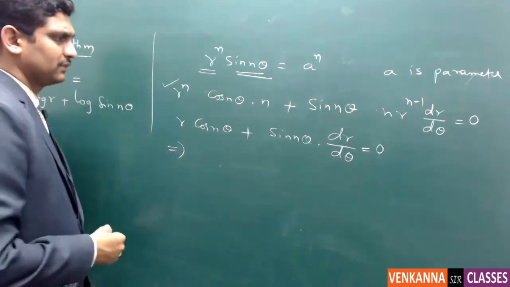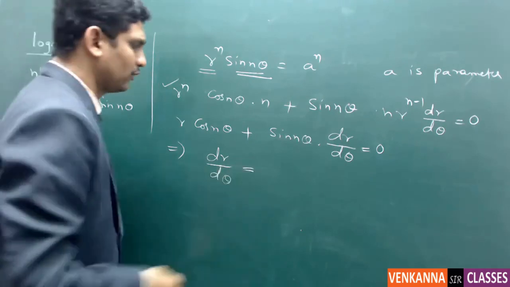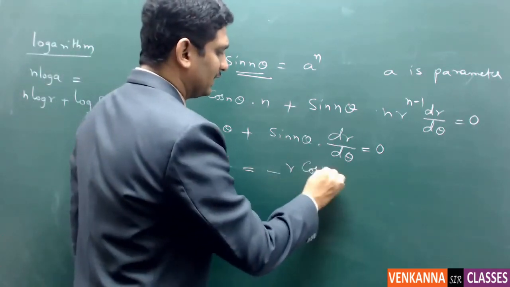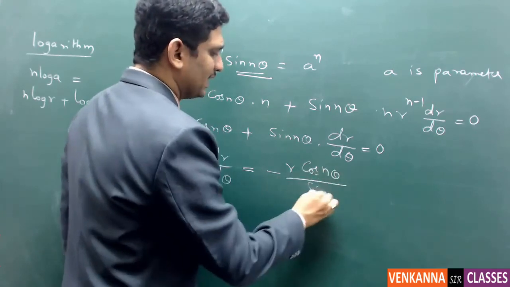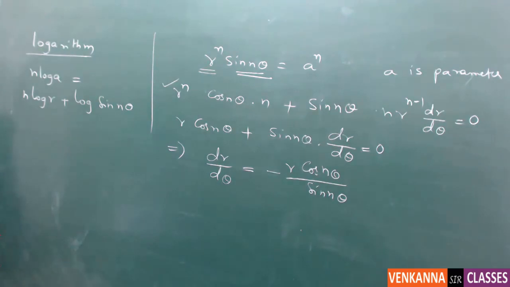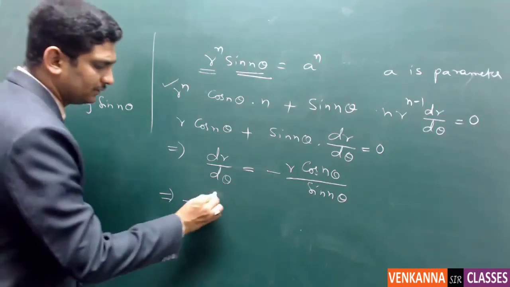So this implies dr by d theta is equal to minus r cos n theta by sin n theta. So it is our required differential equation. So let us replace dr by d theta with minus r square into d theta by dr.